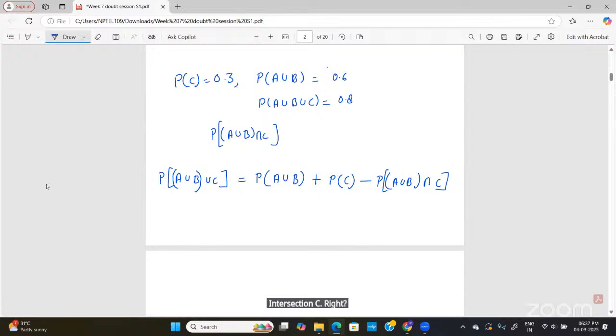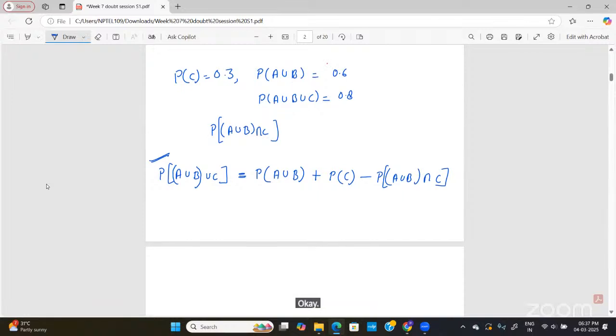Is this statement clear to you? I have just applied the addition rule here. Is this clear to everyone? Anyone has any doubt in this part? Clear, ma'am.